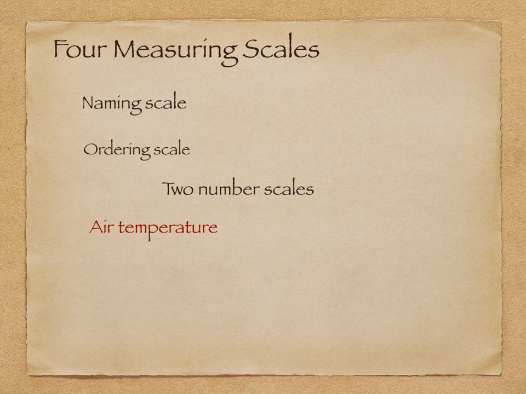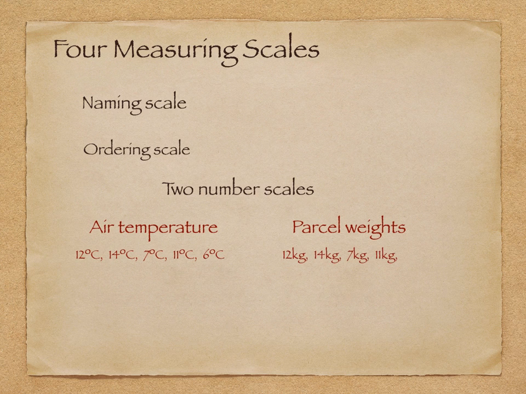Measured in, say, degrees Celsius, you might end up with something like this: 12, 14, 7, 11, 6, and so on. Now here's another number scale. You've got the job of posting off some heavy parcels, and so you weigh them. Measured in, say, kilograms, you might end up with similar numbers, again, 12, 14, 7, 11, 6, and so on.